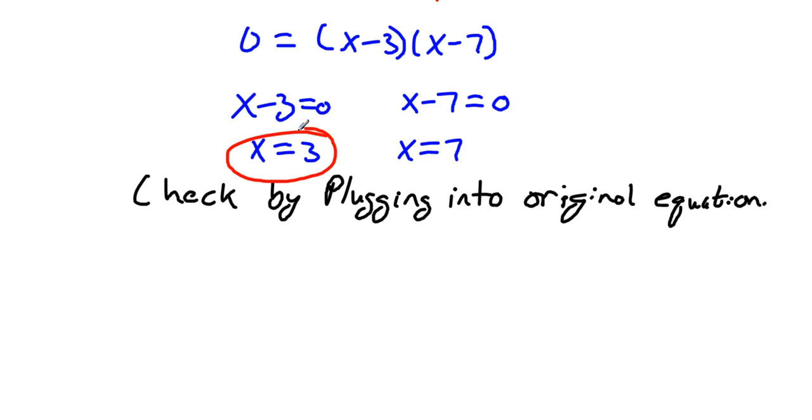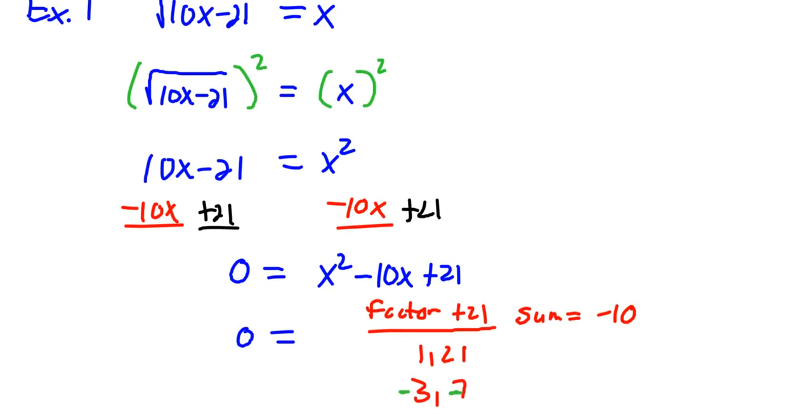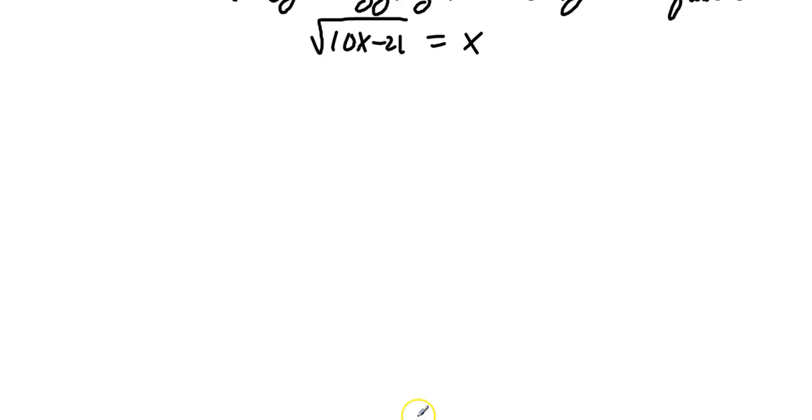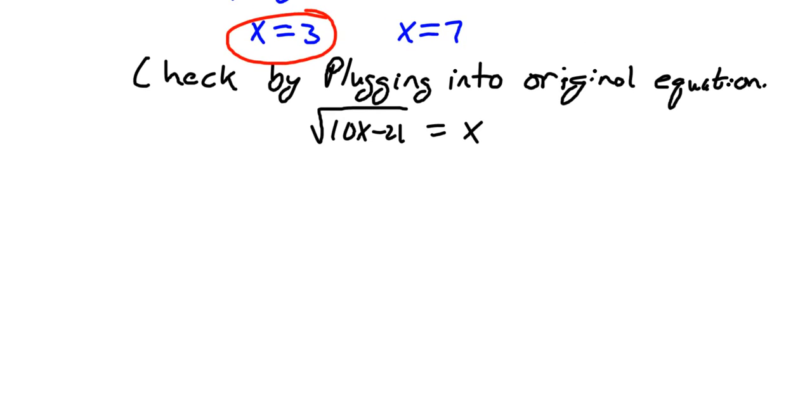Okay, so with x equals 3, we had the square root of 10x minus 21 equals x. Again, we'll do the x equals 3 in red. So we've got the square root of 10 times 3 minus 21.